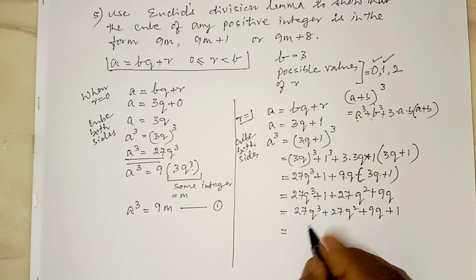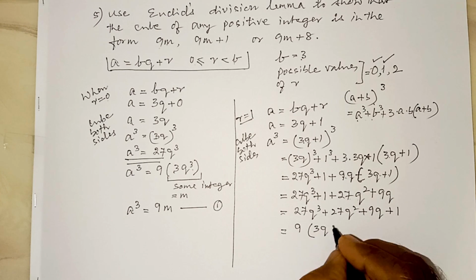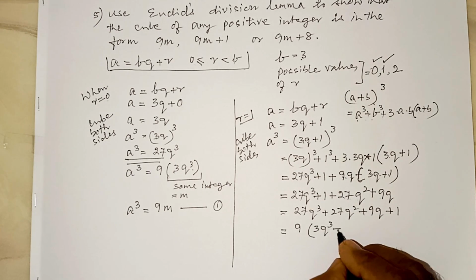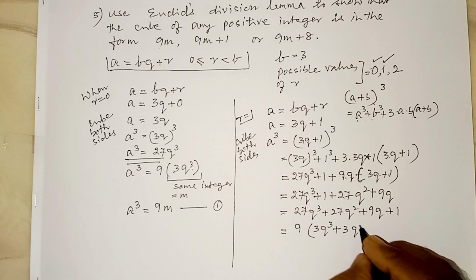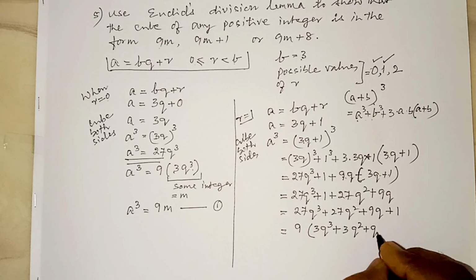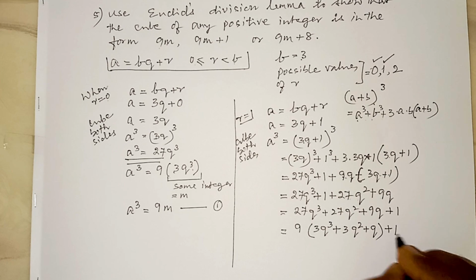What we do now, we take out 9 as a common factor: 9 times 3Q cube plus 9 times 3Q square plus Q, plus 1 as it is.